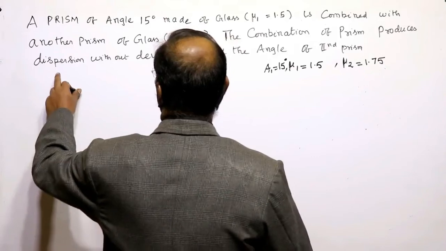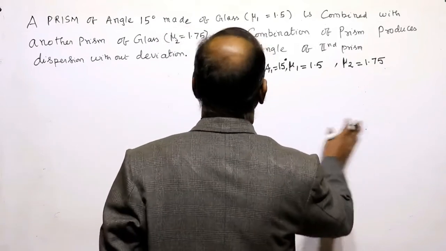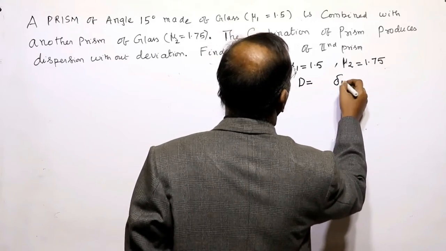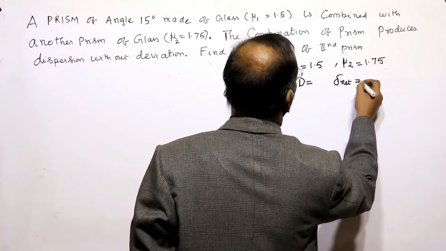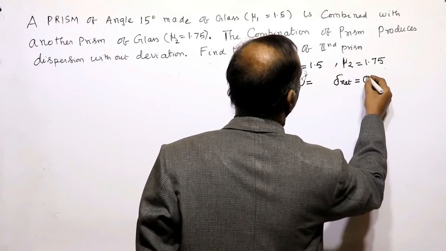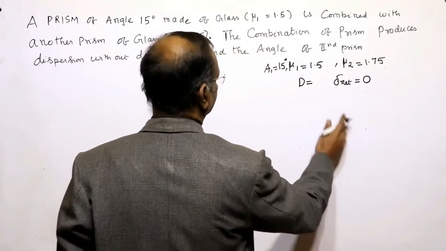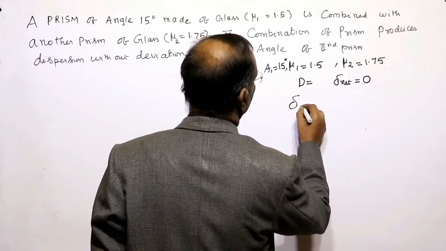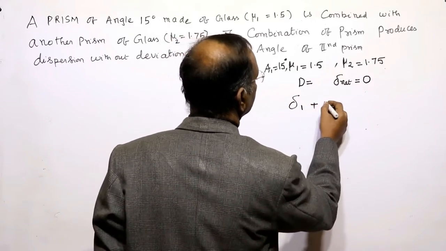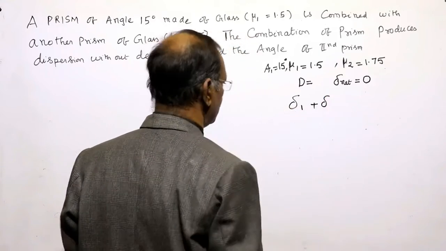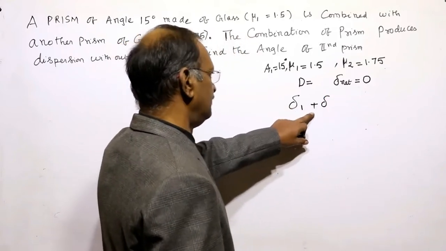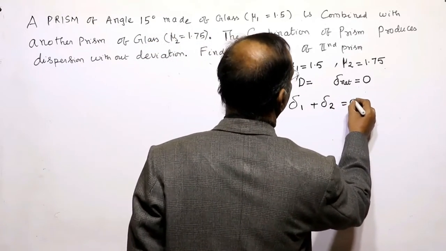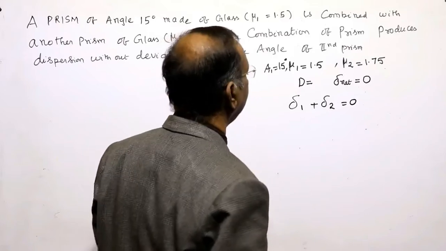Producing dispersion without deviation means dispersion exists and the net deviation due to the combination is equal to 0. As we know, the deviation produced by the first prism plus the deviation produced by the second prism is equal to 0 as per the given condition, that is without deviation.